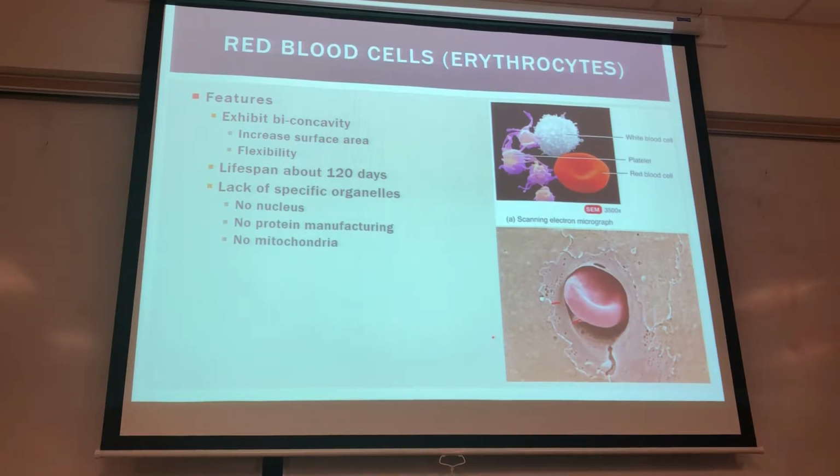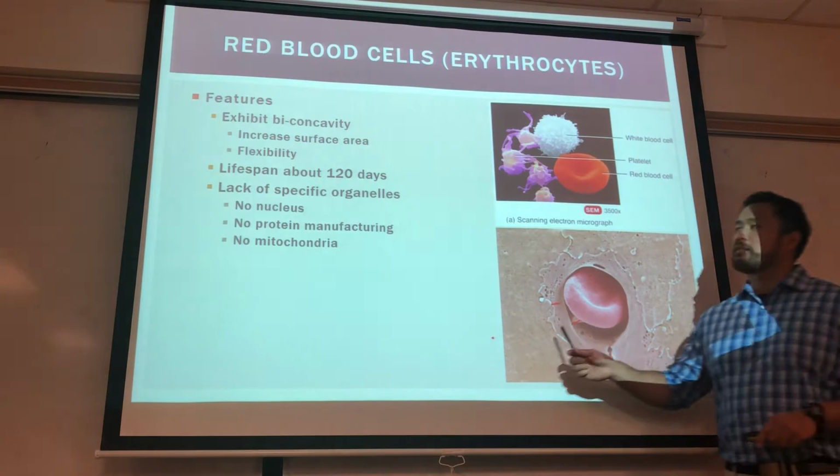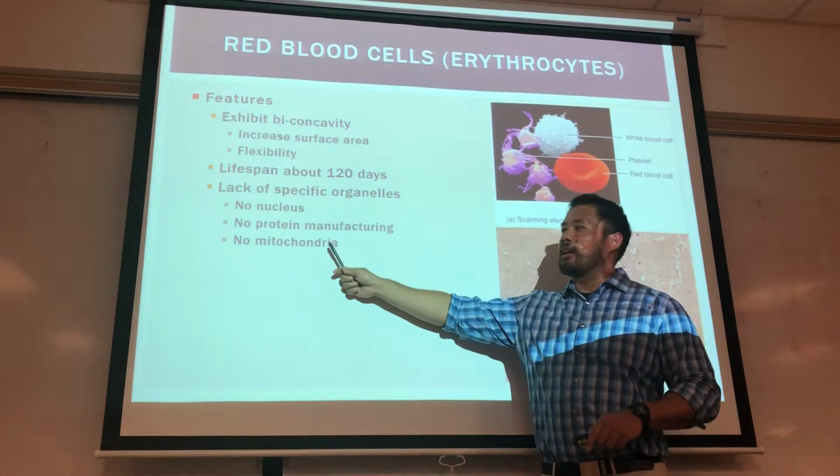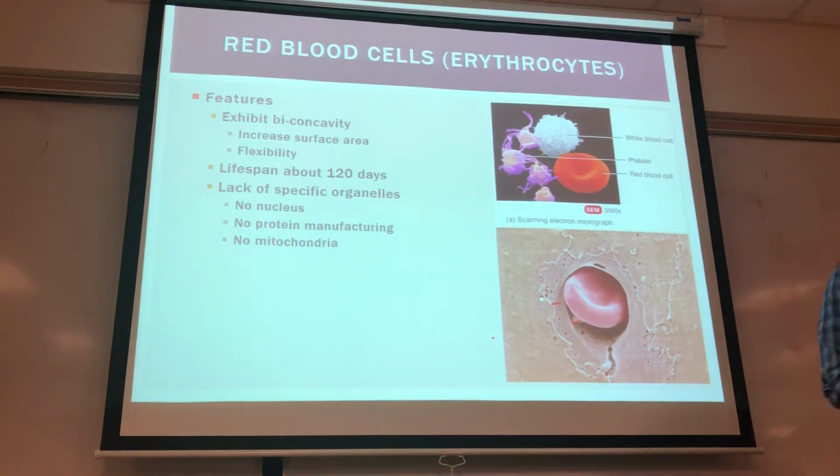Another thing about the mitochondria and the red blood cell is that it doesn't actually use any of the oxygen that it carries. Because we know that oxygen was heavily involved in mitochondria, as an electron acceptor.